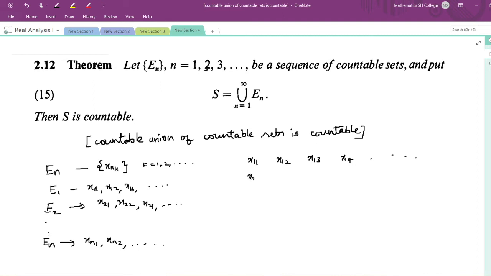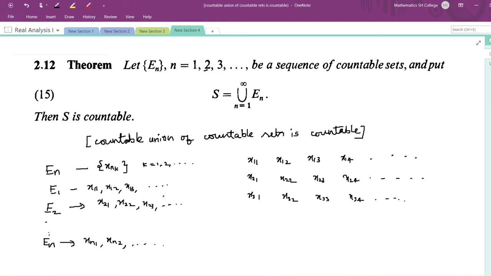Then x21, x22, x23, x24, and so on. Similarly, x31, x32, x33, x34, etc. So I have listed all the elements like this.